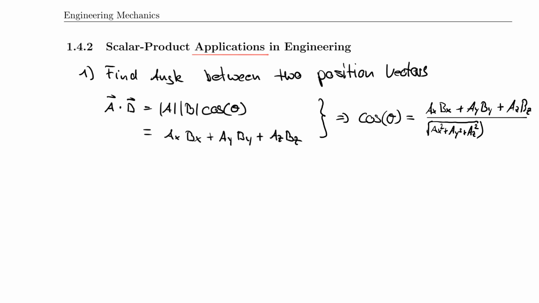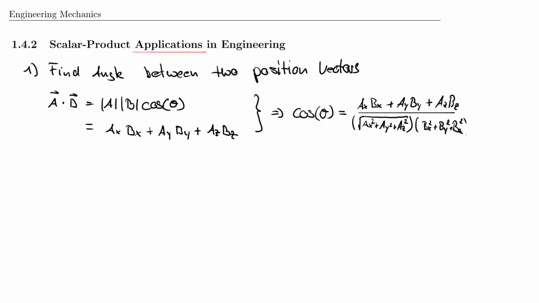And this is then multiplied by the B magnitude, which is BX squared plus BY squared plus BZ squared, and that also is just square rooted, so that the formula now applies, and now I can find the angle between two vectors.